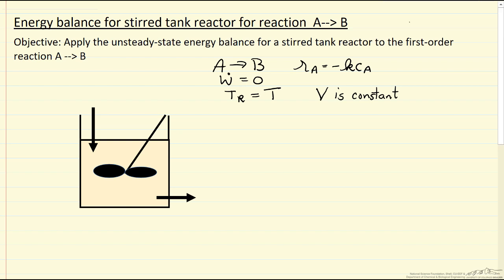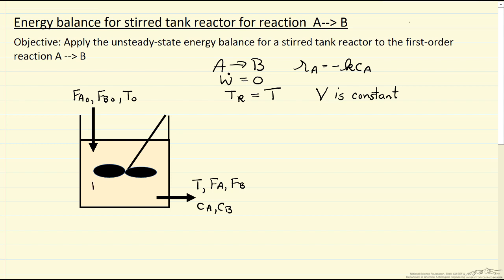Notation: molar flow rate of A, moles per time, coming in, and let's in general assume some B is coming in, and the feed temperature T0. Temperature leaving, molar flow rate of A, of course, should be different if we have reaction, likewise for B, and then the concentrations of A and B leaving the reactor.